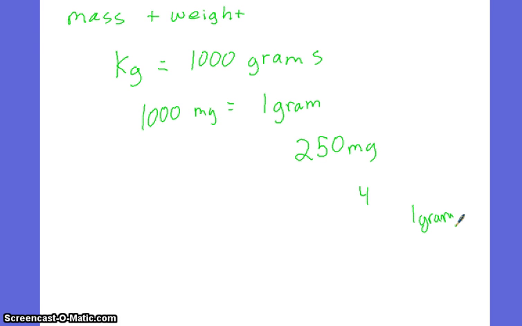Now, one more thing that's a little bit different in the metric system is temperature. So in the metric system, 0 degrees Celsius is the freezing point of water.